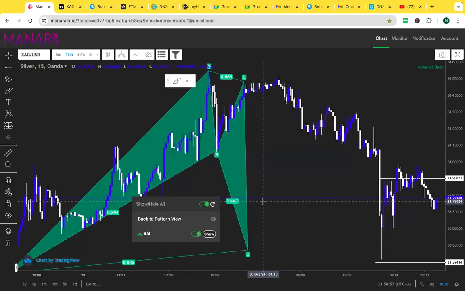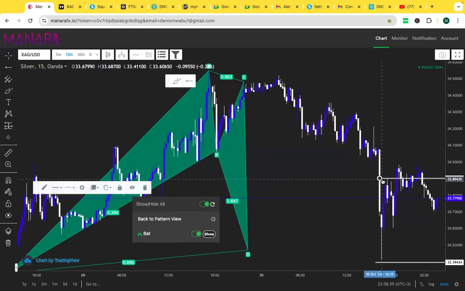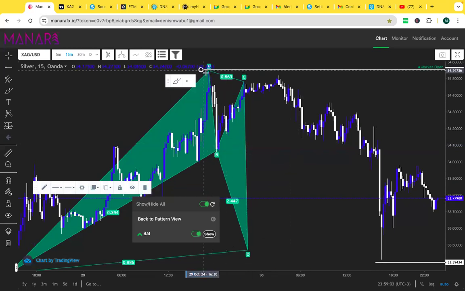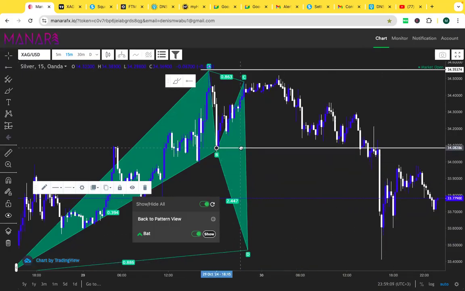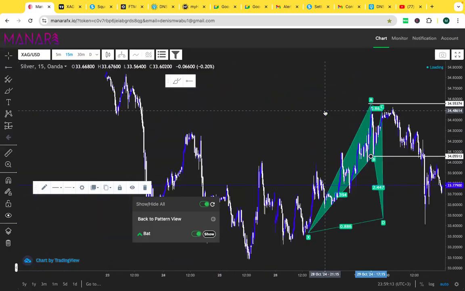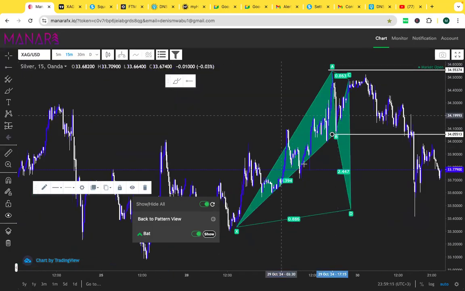So how do we identify our trading areas? It's very simple. We usually mark my point A, which is here, which I understand will be the highest of the previous day, and then you have the low. So this is why Manara really helps us identify the pattern first. After the pattern, these are different levels that have been calculated here.